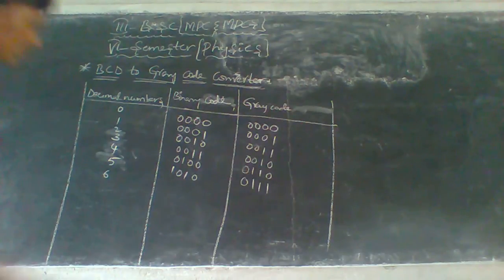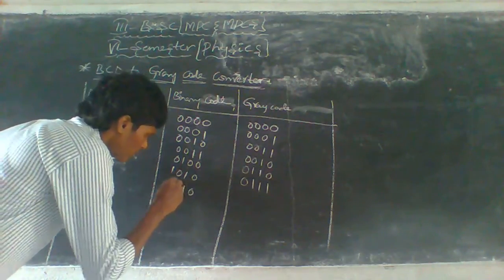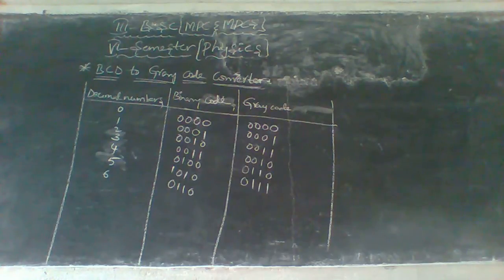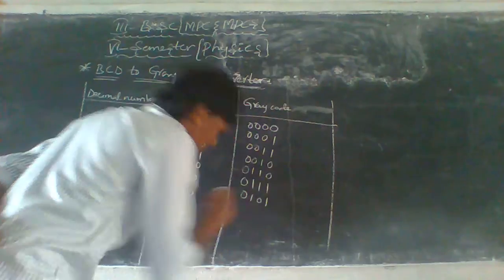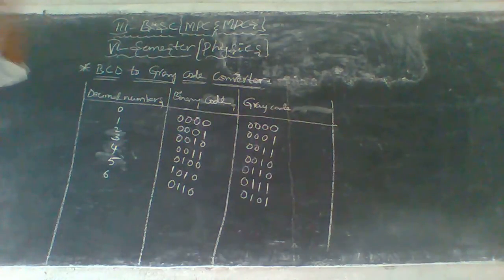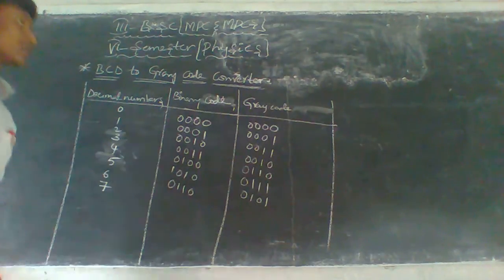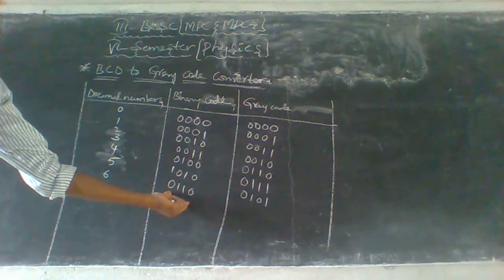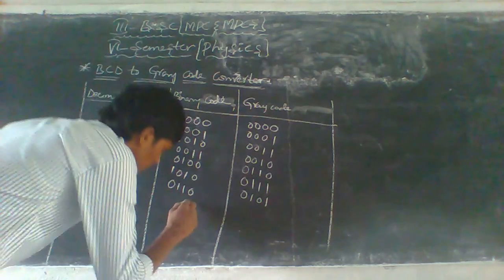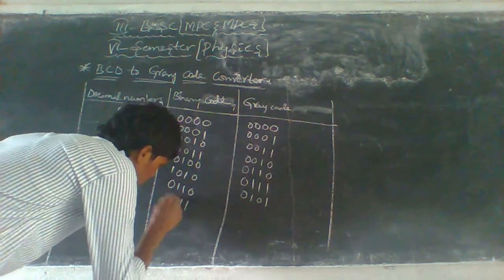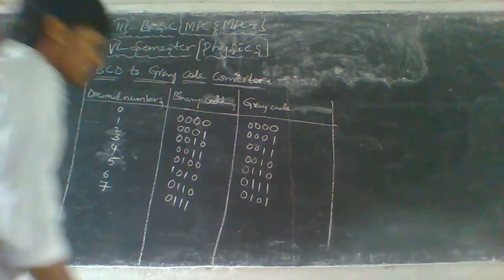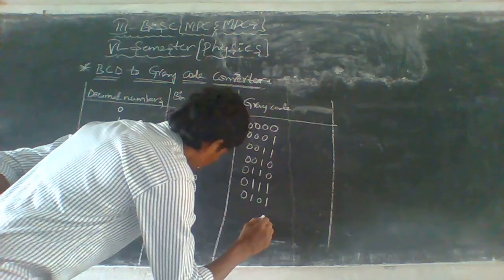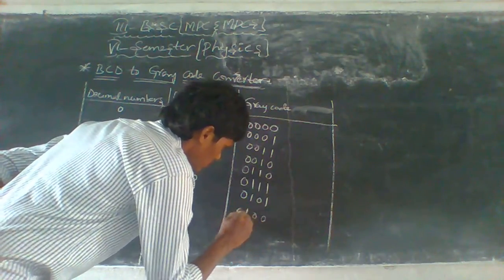Decimal number 6, the binary code is 0110 and the Gray code is 1010. Decimal number 7, the binary code is 1110 and the Gray code is 0010.